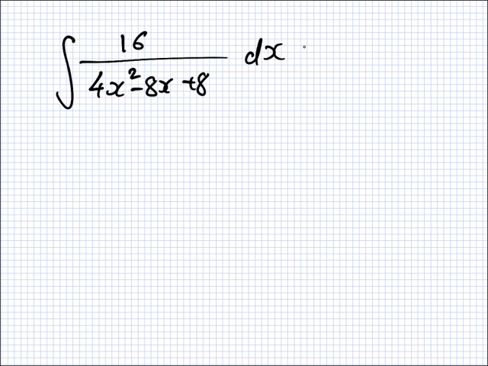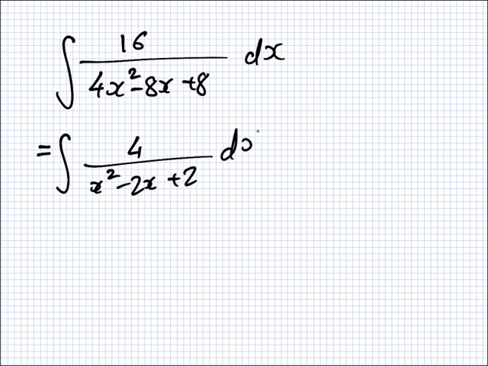Before I do anything, there is an obvious simplification: divide everything by 4. Let's do that first before we start doing any integration. 4 over x squared minus 2x plus 2 dx.